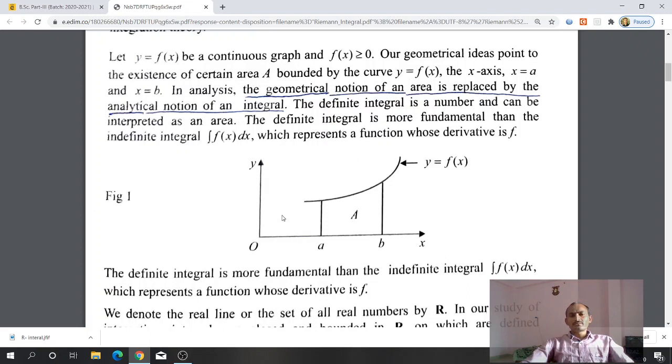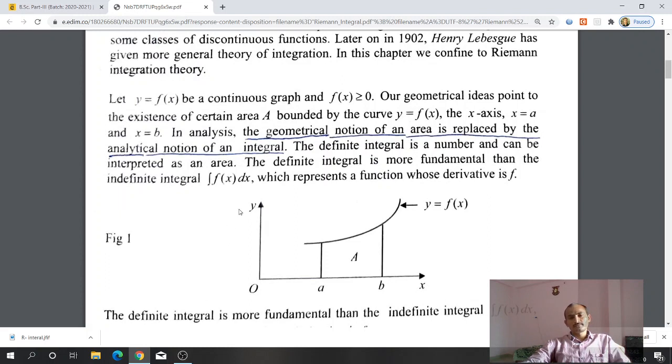What it means is that the integration over a to b of f of x dx gives some fixed value, and that fixed value will be the area A. So from now onwards we will learn the definite integrals to find the area of some curves.